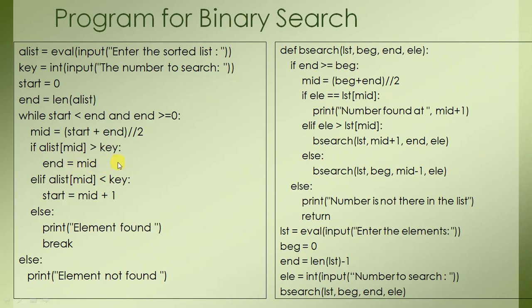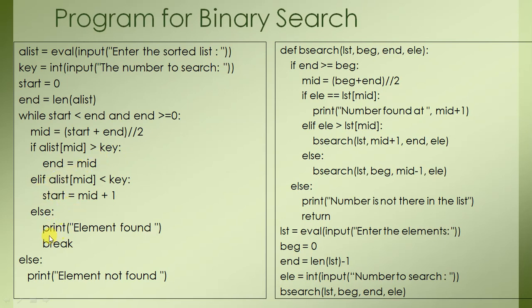So if you are working on the first half, then the end will come to the mid portion. Otherwise, in the second case, the start will go to the mid plus 1 position. So you will just run this loop again and again, and you will cut that list into half in each step, and you will be checking the midpoint.